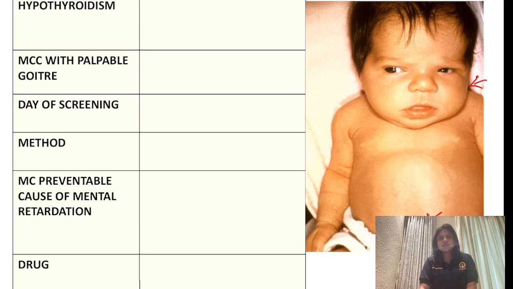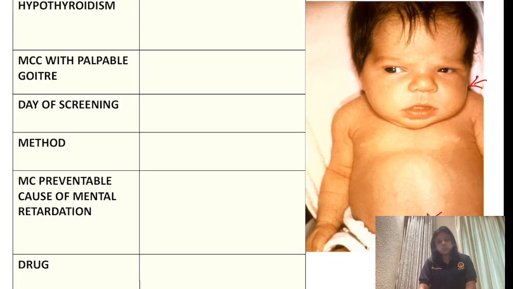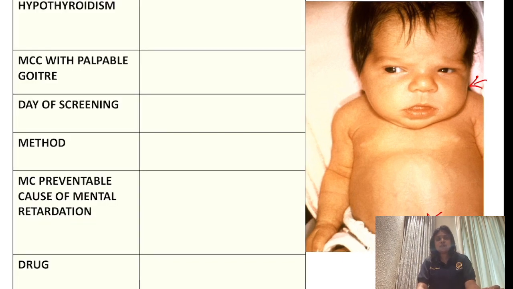Okay, so let's understand a few one-liners from congenital hypothyroidism. And why are we very much concerned about congenital hypothyroidism? Because it is the most common cause of preventable mental retardation in children. So the first question is, what is the overall most common cause of congenital hypothyroidism?